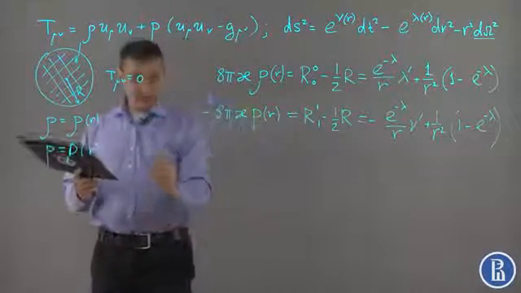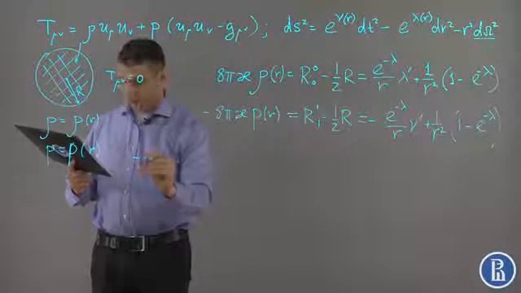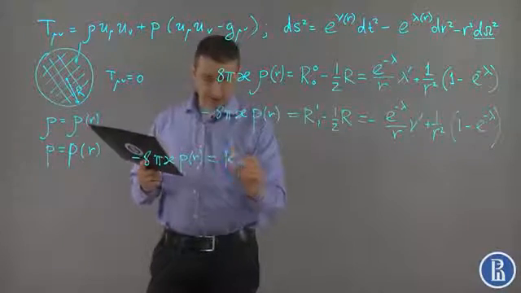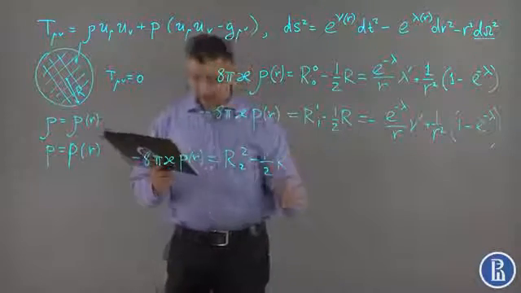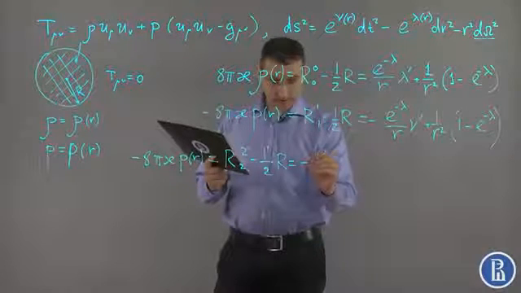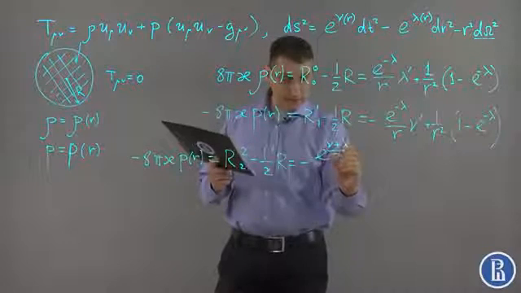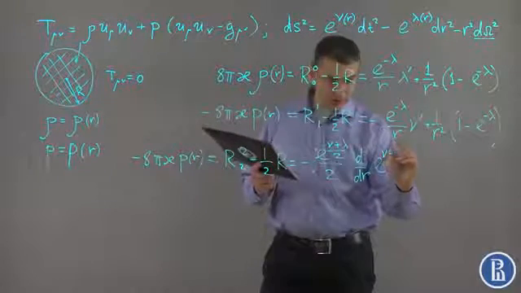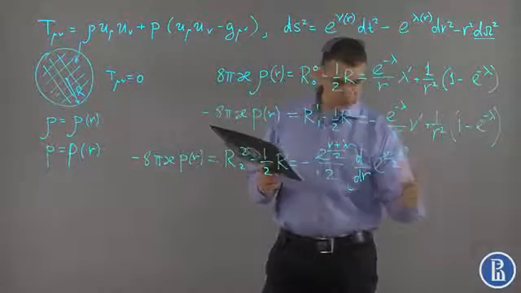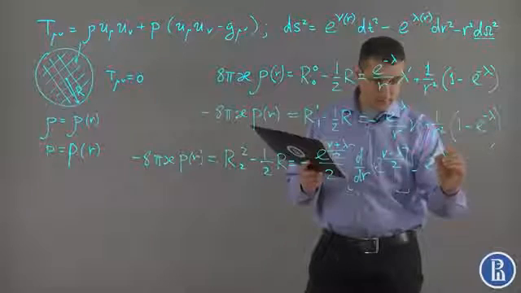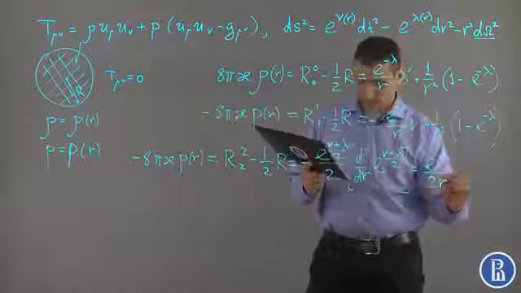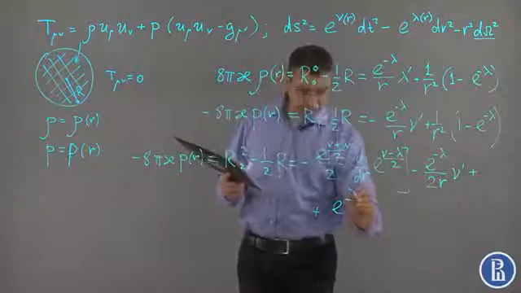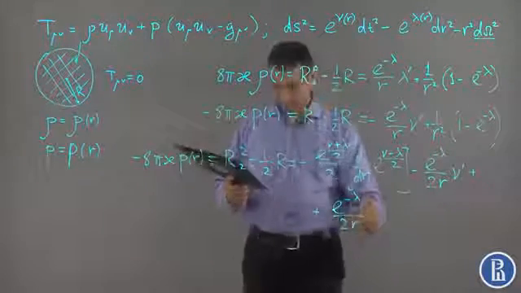And finally, let me start writing here because it's a longer equation. 8πκ p(r) is R_{22} − (1/2)R, which is minus exponent of (ν+λ)/2 over 2, d/dr of exponent of (ν−λ)/2, minus λ over 2r ν' plus exponent of minus λ over 2r λ'.